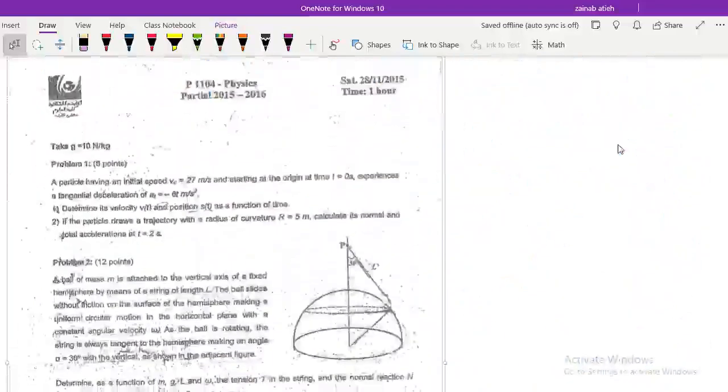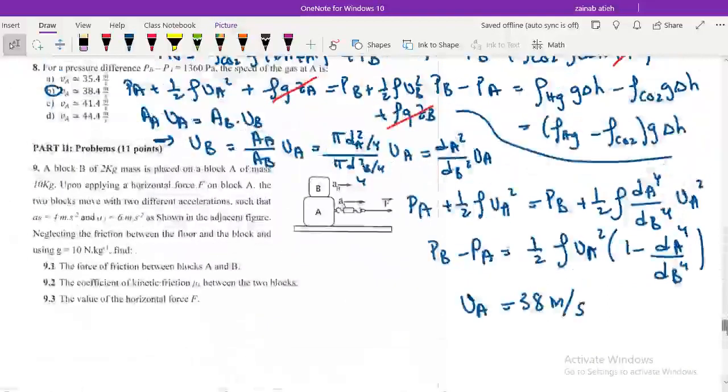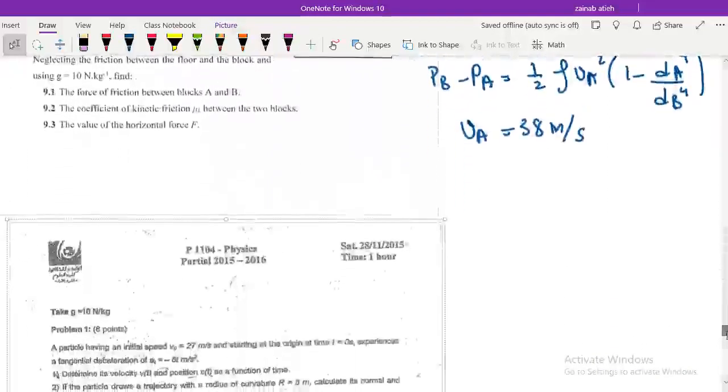I will move now to do this problem of partial 2015 to 2016. I move down a little bit.